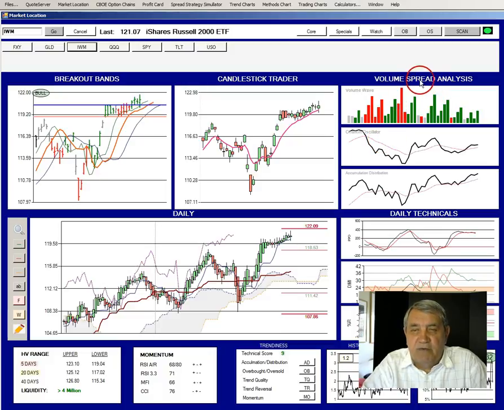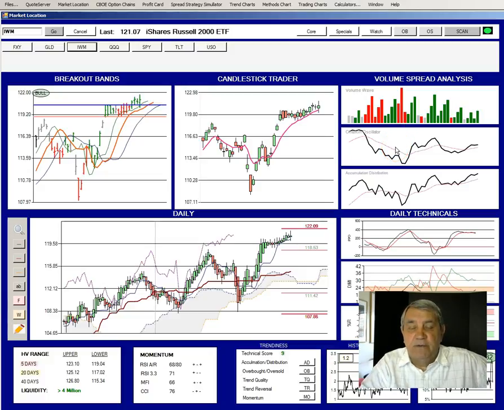On the right hand side we have a volume spread analysis panel, and these green and red bars are cumulative volume, based on whether the underlying has had a higher high or higher close in successive days, in which case all the volume would be accumulated or added together, and you get these progressions of green or red bars.